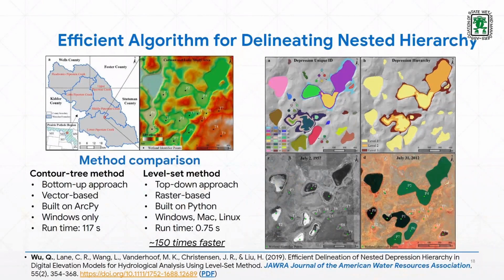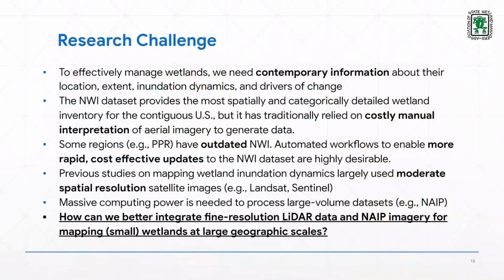But if you go back to check the imagery in 1957, you can clearly see that they were actually separated during those dry periods. So our algorithm can detect the hierarchy before they merge into the bigger one. And it's very efficient, so you can check it out if you're interested.